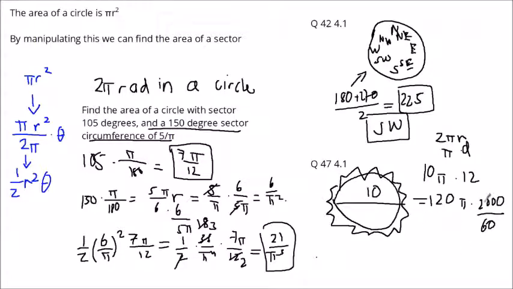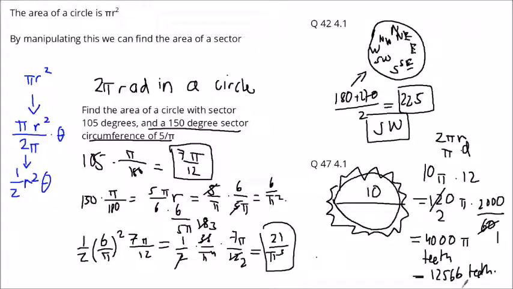So if you multiply this by 2,000, divide by 60, you can cross these two off. We have 2, and then this is just gone, but we're going to put a 1 anyways, and then that's 4,000 pi teeth. 4,000 pi teeth, which is around, with pi at 3.1415, 12,566 teeth.